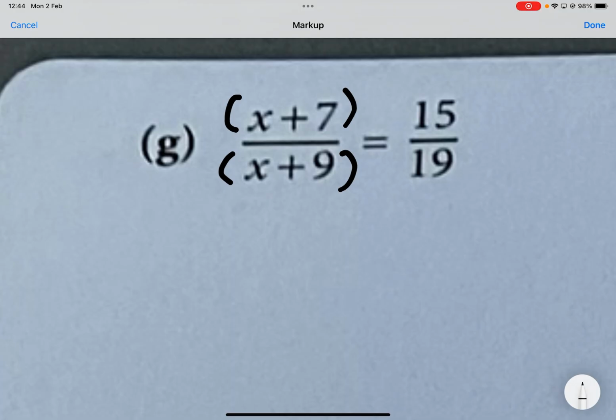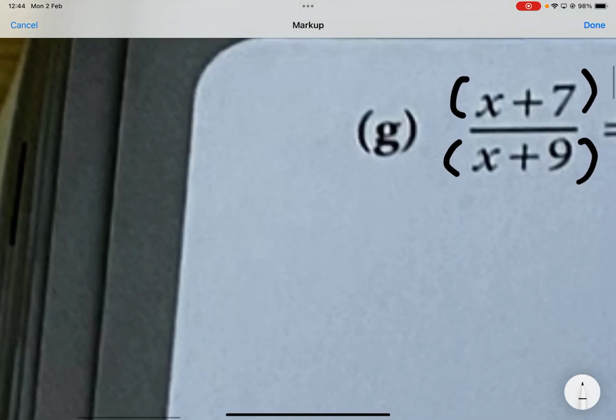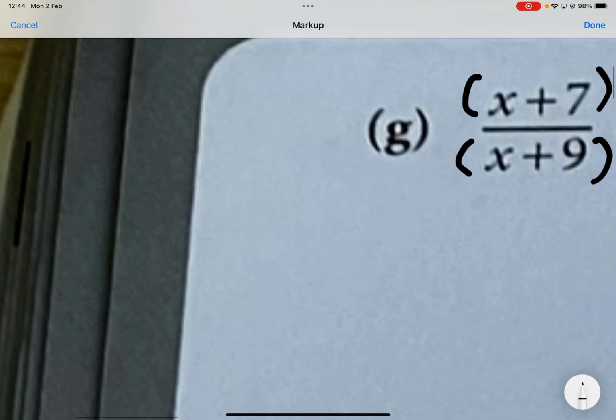What do I do? Yes, Amira. I don't want this bracket to be in the denominator. If I only look at the left, what should I do to make the denominator disappear?